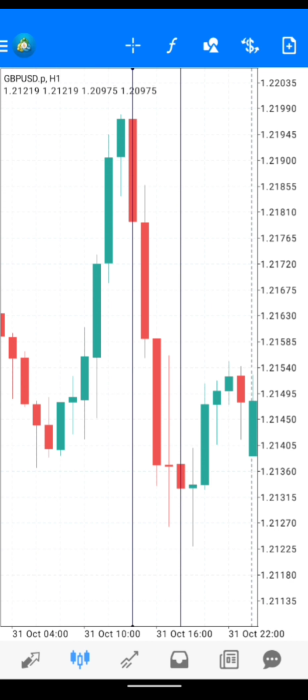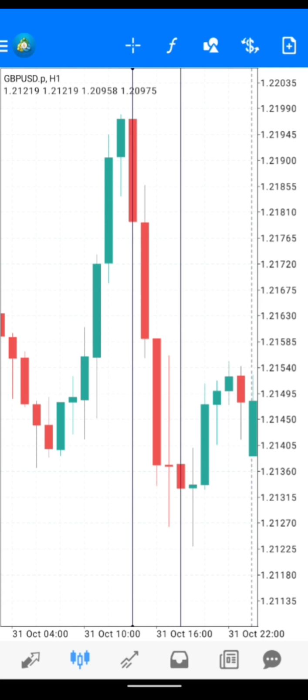So that's a bearish market, and it's characterized by red candles in this case based on my customization. So you can choose your preferred colors, but in this case, it's the red candles to imply bearish, and then green candle bullish.